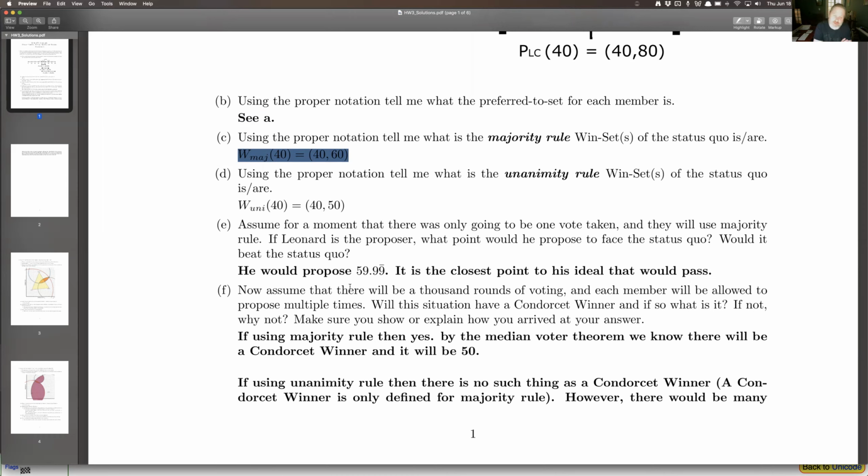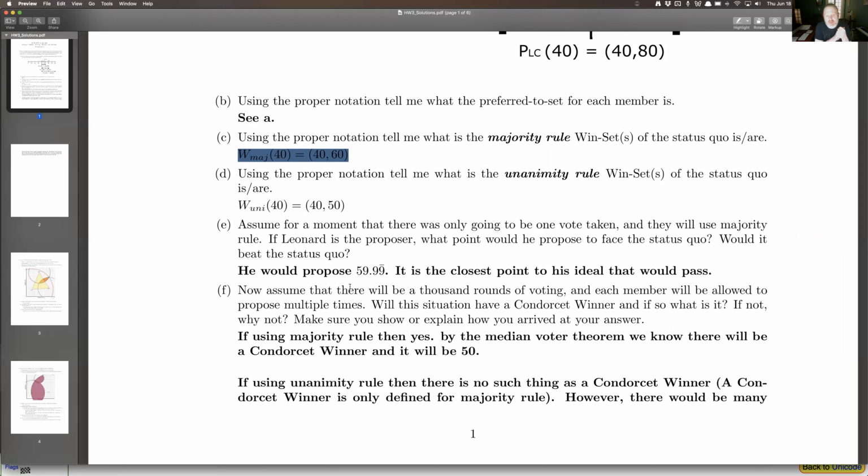and we could go round and round and round, but we don't have to do that because we know by the median voter theorem that we will have a Condorcet winner, because we have voters who have preferences that are complete, transitive, single peaked, and symmetric, so their preferences meet all the conditions, and it is a single issue dimension model.